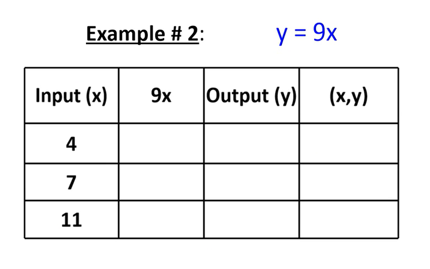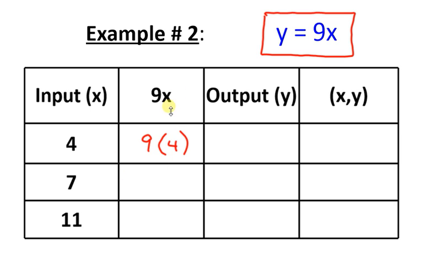All right, let's look at another example. In this case, our function is y equals 9x. When they're next door to each other, you'll remember that that's multiplication. This time I have new x values. So 9 times, and this time my x is 4.